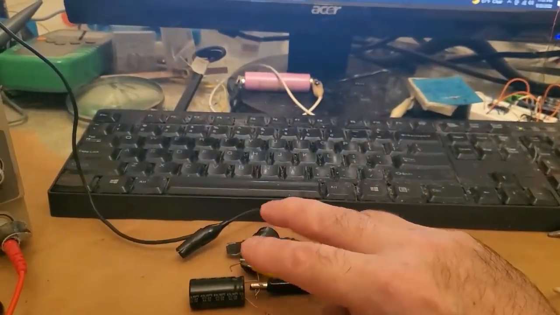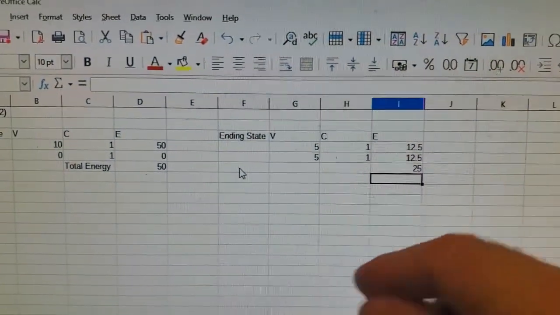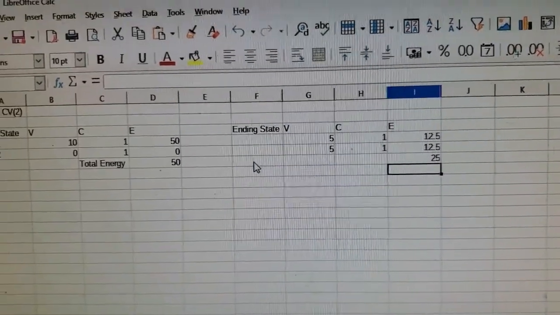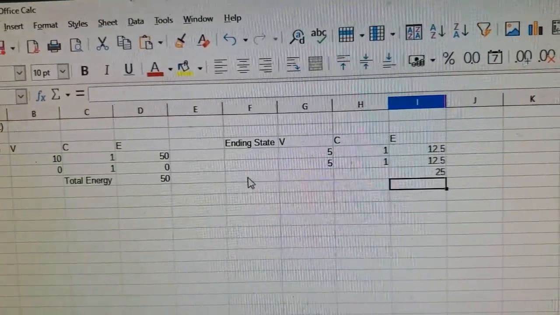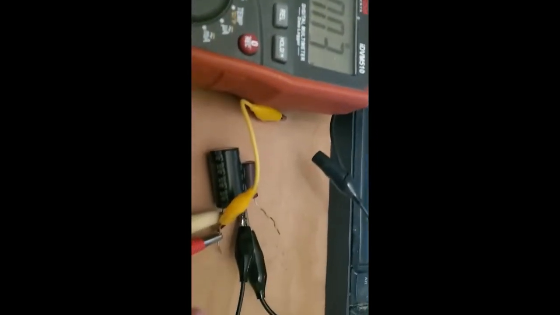Nothing transformed. There was no transformation. Half the energy gone. Okay? That's that. Sorry if I'm being a little frustrated.